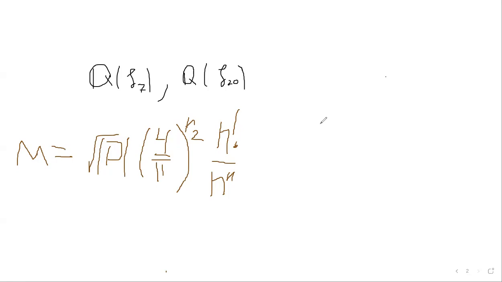Our R2 is again 6, yes, and N is 6. Oh no, R2 is 3, not 6, because it's half of the number of embeddings.